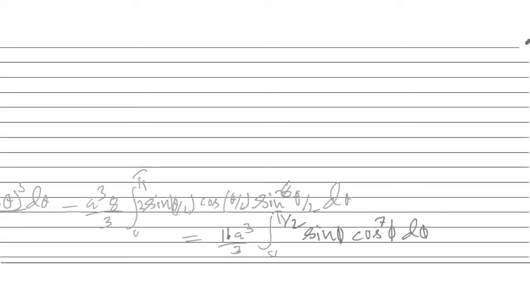So friends, this is not 16, this is 32. How? Because theta by 2 is equal to phi, so d theta equals 2 d phi.